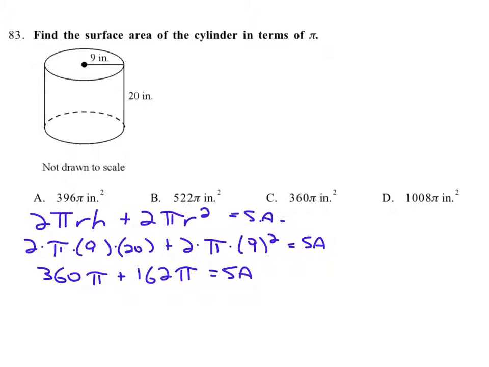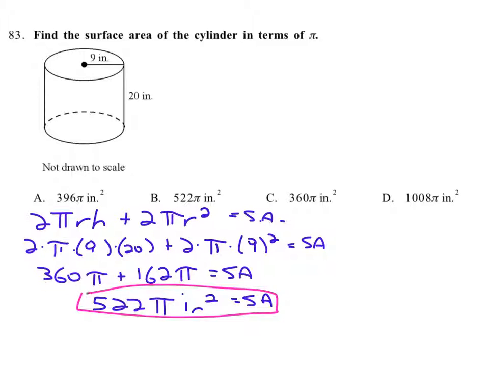And then 360 plus 162, 522 pi. What are the units? They are inches. It's area, so inches squared equals the surface area. And do we see that as a choice? Yep, right there for B. Okay, one more to go.